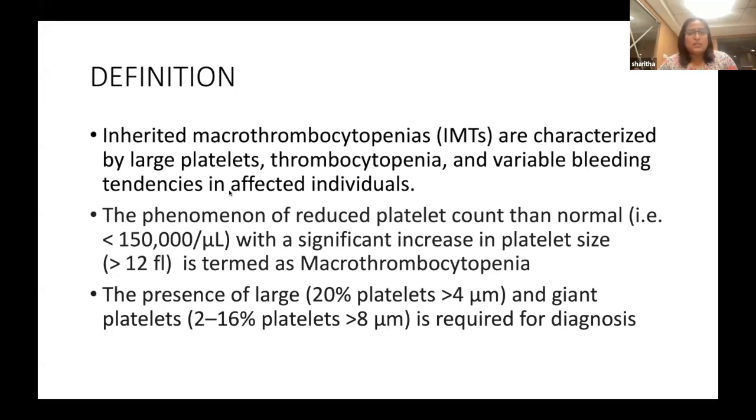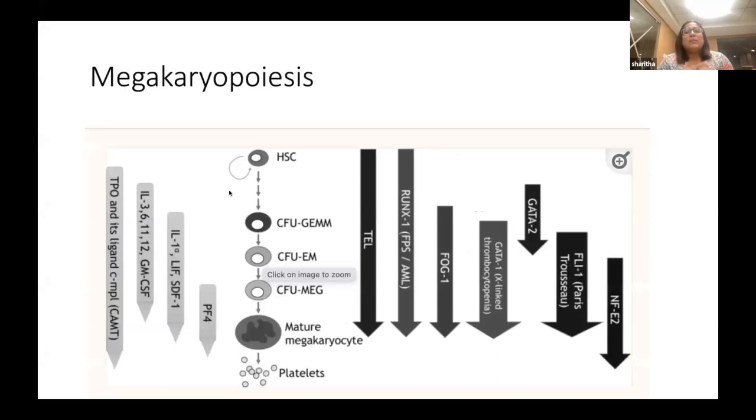More than 8 micrometers will be termed giant platelets. So at least 20% large platelets and 2 to 16% giant platelets are adequate for the diagnosis of giant platelet syndromes.